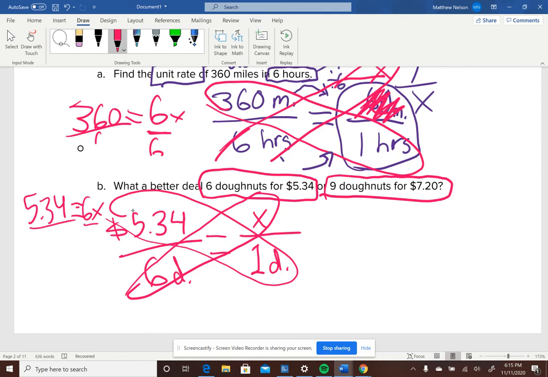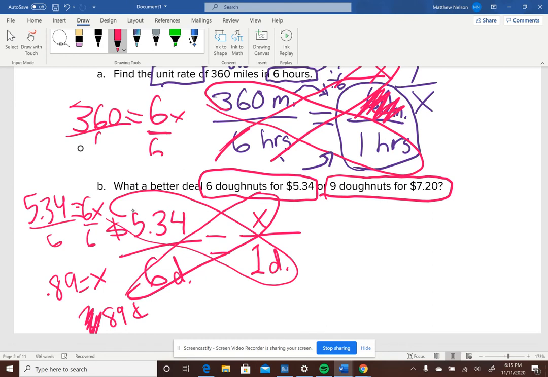That is 89 cents. All right, so divide by 6, and we have 0.89 equals x, which tells me 89 cents. Cent sign goes after.